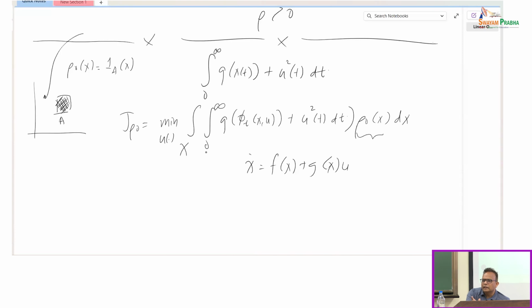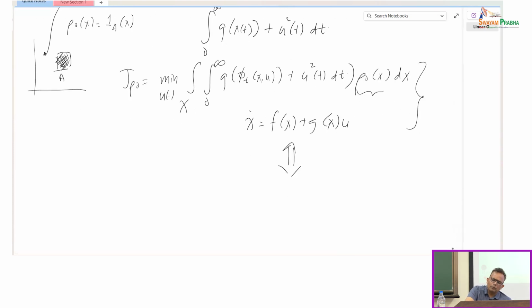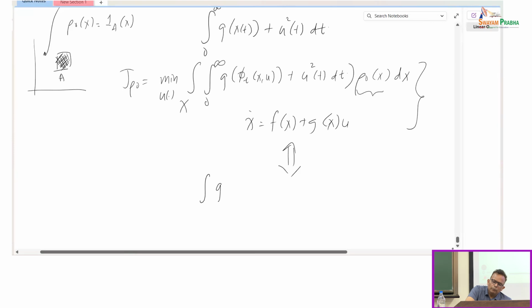Those who are familiar with ergodic theory know that you can show that time average equals space average. So these kinds of tricks can be used to show that this cost function, this optimization problem, okay, I'm going to skip these steps, can be rewritten using the duality as the following convex optimization problem, which is purely in terms of space: rho of x plus rho bar squared divided by rho of x, dx over x.